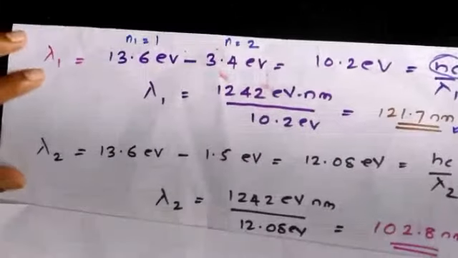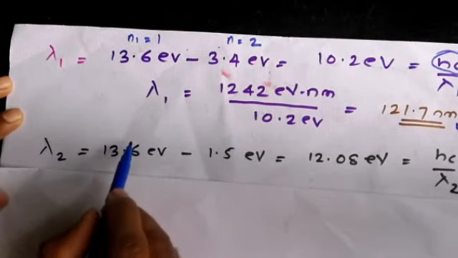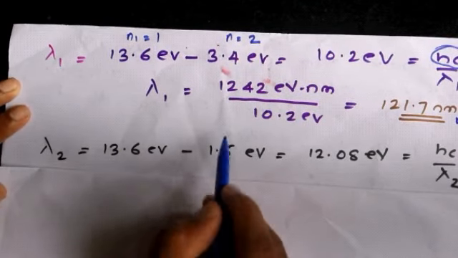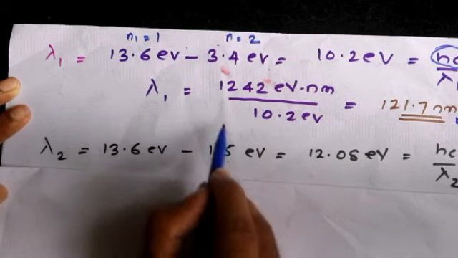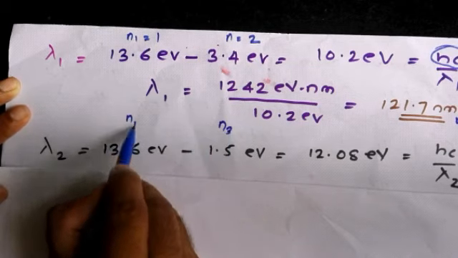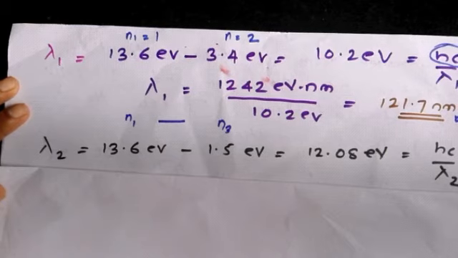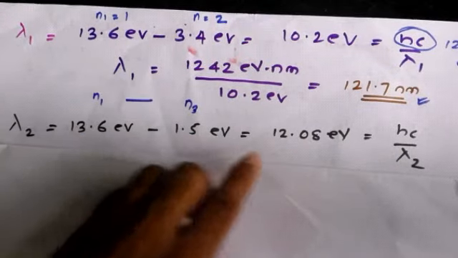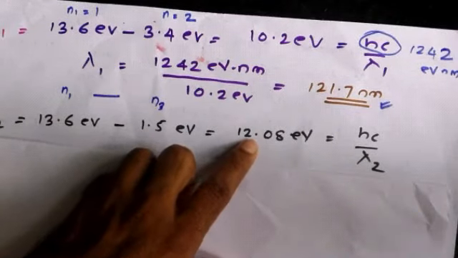Now, what is lambda 2? Your atom is emitting when it comes from n3 to n1. The energy difference between n1 and n3 is 12.08 electron volt.